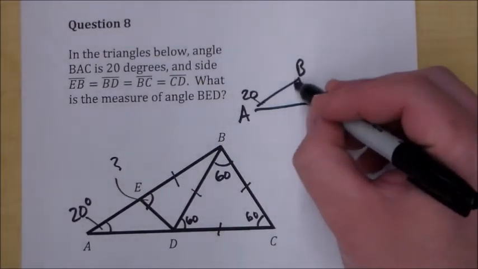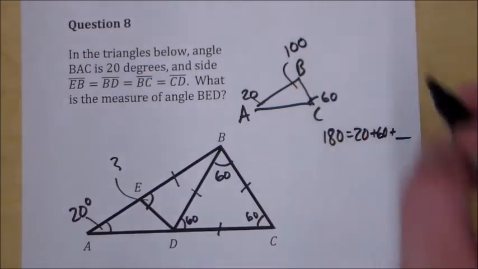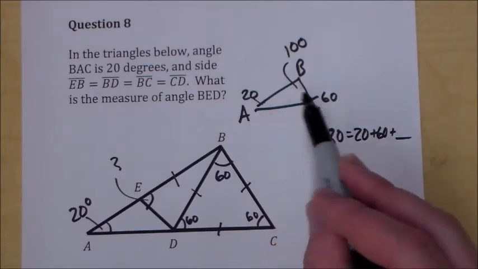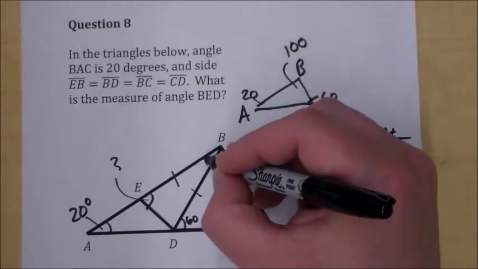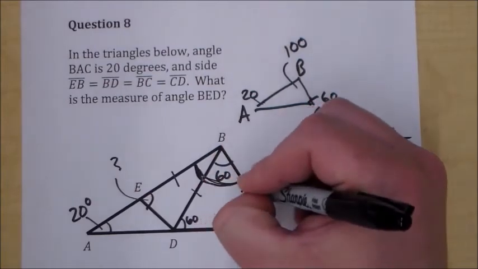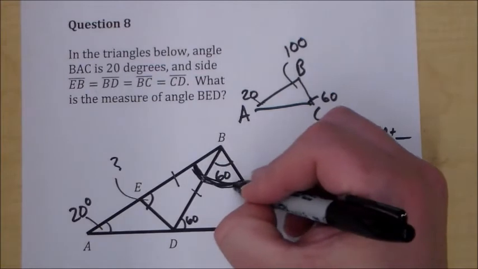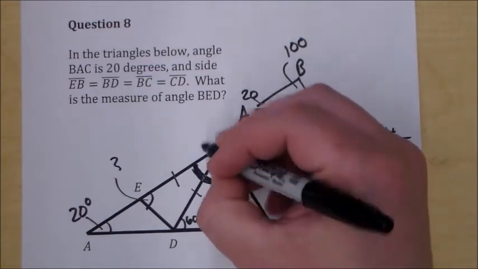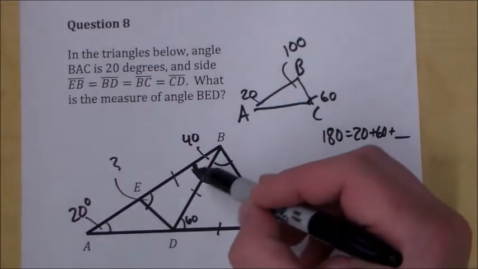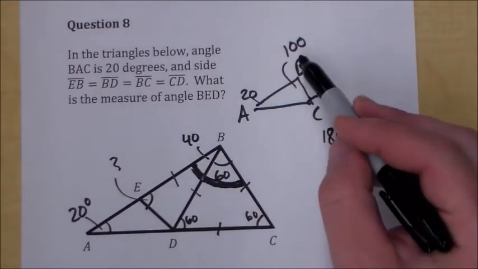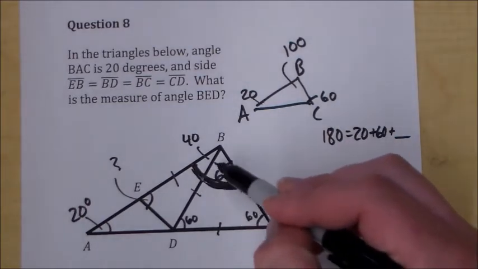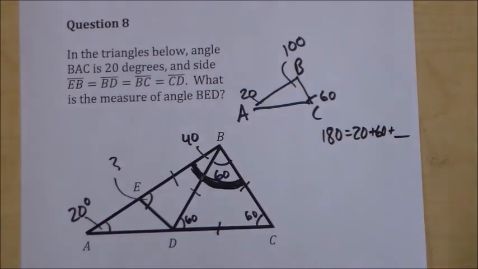So this B must equal 100 degrees, because 100 plus 80 equals 180. This triangle must add up to 180. So this whole angle here, not the 60 part, but the whole part, must be 100. And if this whole part must be 100, and this is 60, we know that this part must be 40. Think about it. This whole thing has to be 100 because 100 plus 20 plus 60 gets you 180. And this whole thing being 100 and this part being 60 means that part is 40. Okay.